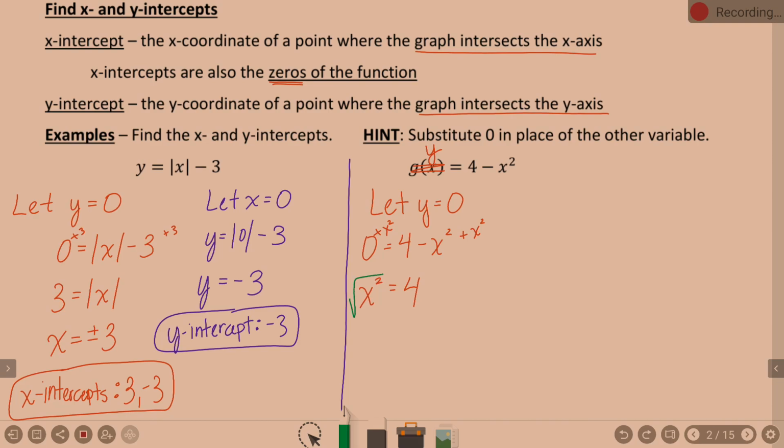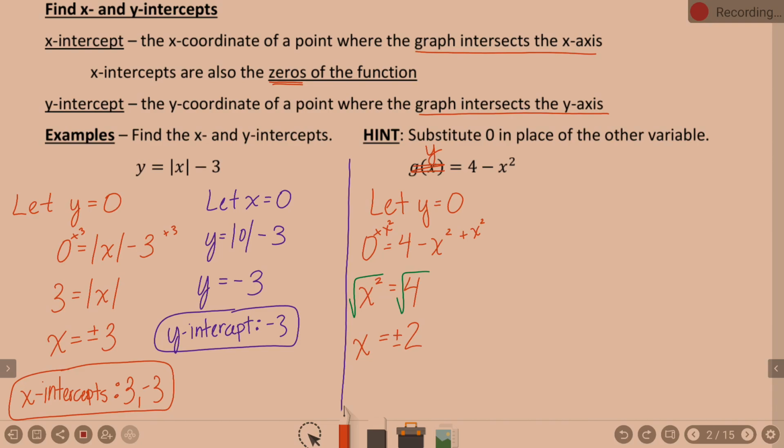If we take the square root of one side, we take the square root of the other side. So the square root of x squared becomes x. What's the square root of 4? 2. And what else? Negative 2.